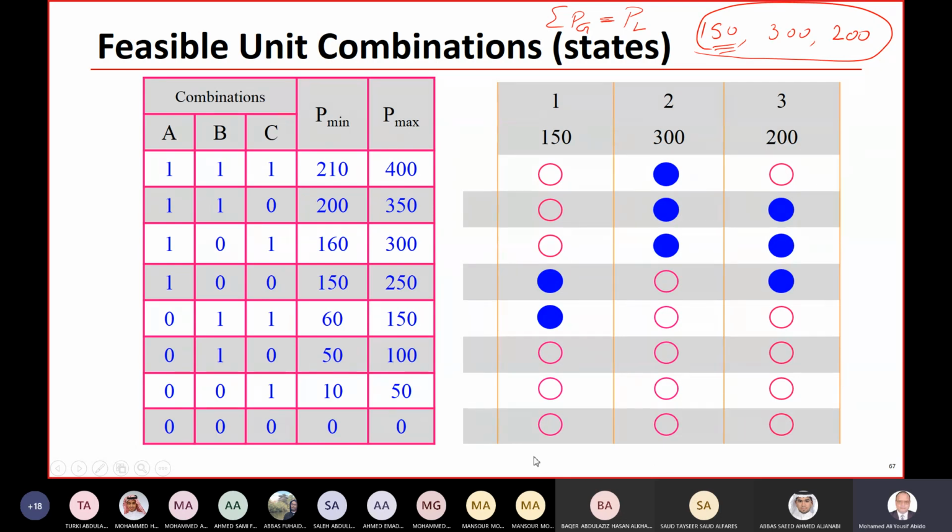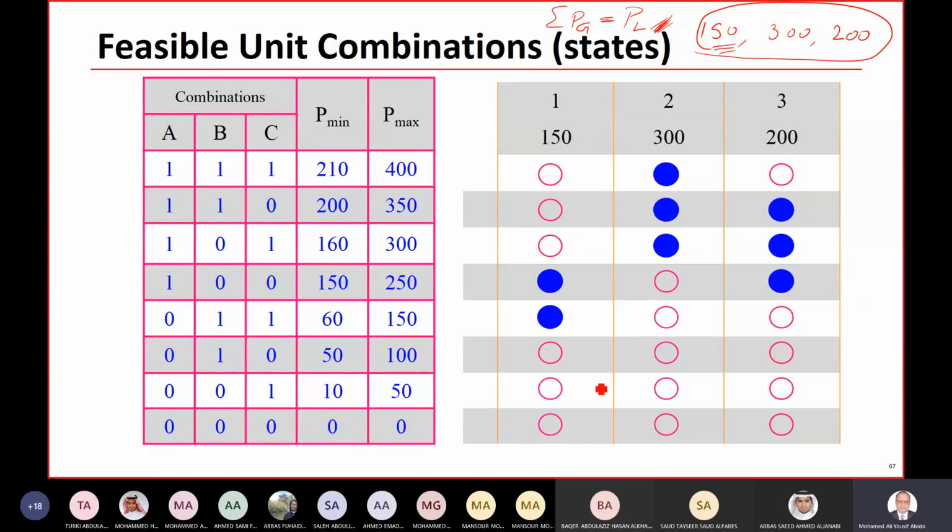So based on these constraints only, you can see how many combinations we eliminate. Now we end up with how many combinations? If this is the case, 2 times 3 times 3, right? Just 18. Is it clear?